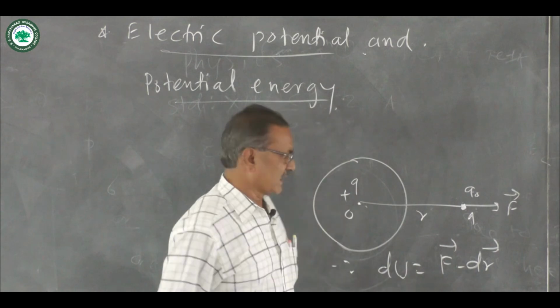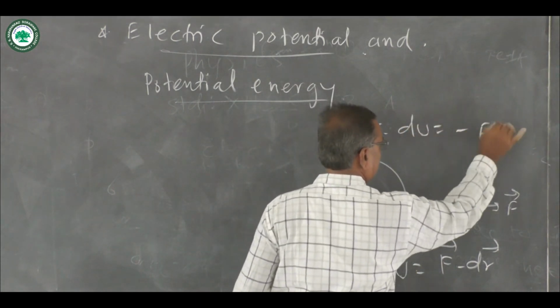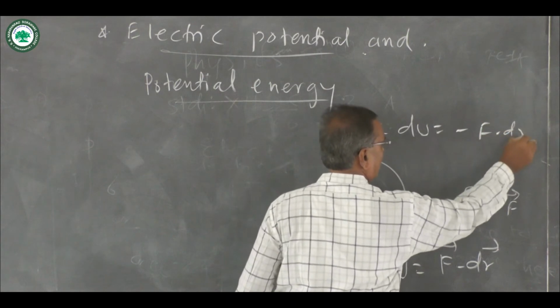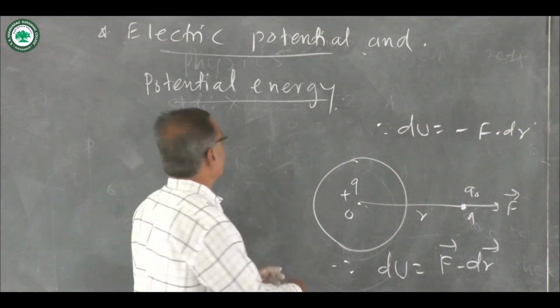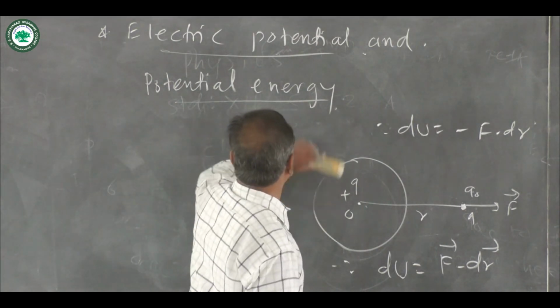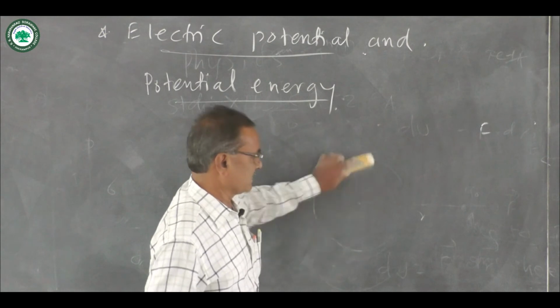So we can write dU is equal to minus F into dr. And now I have to find out the expression for potential energy.